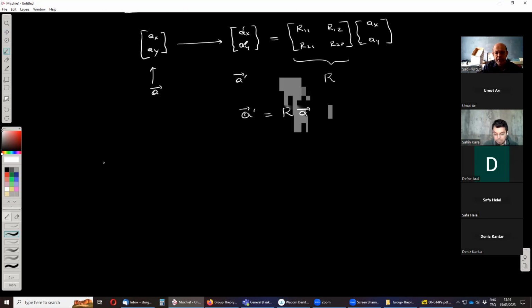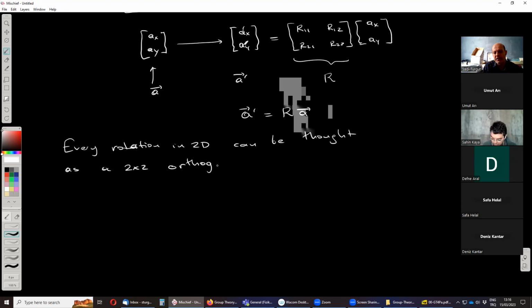All right. So basically every rotation in 2D can be thought of as a 2 by 2 matrix. I'm going to call this the orthogonal matrix.